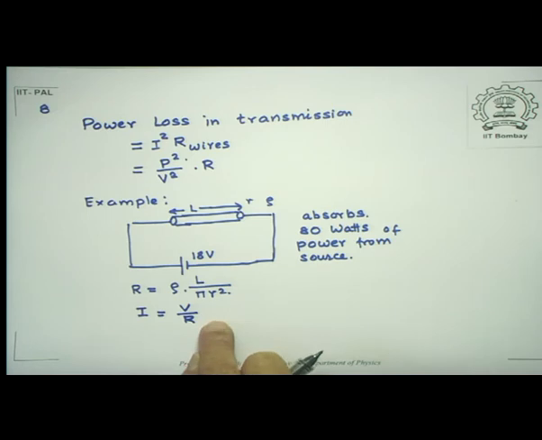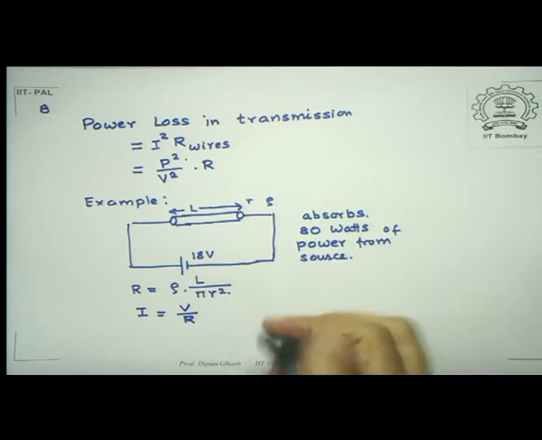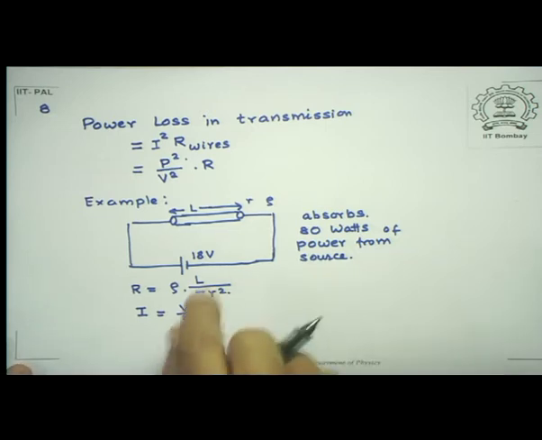So what we have said is this, that this absorbs 80 watts of power. Now when you draw it to 4 times its length, remember the volume had to remain the same. If the volume remains the same, it means the cross-sectional area has also reduced by a factor of 4.